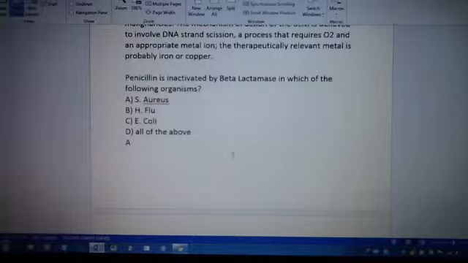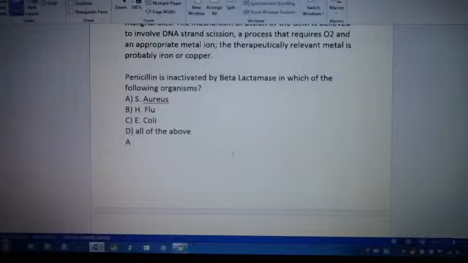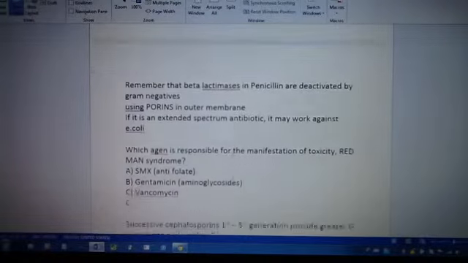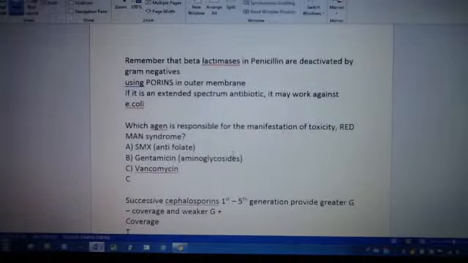I think the answer is D. Yeah, the answer is D. Penicillin is inactivated by beta-lactamases by Staph aureus, Haemophilus influenzae, E. coli. I wrote the wrong one. Remember that penicillin is deactivated by gram-negatives using the porins in the outer membrane. If it is an extended spectrum antibiotic, however, it may work against E. coli.